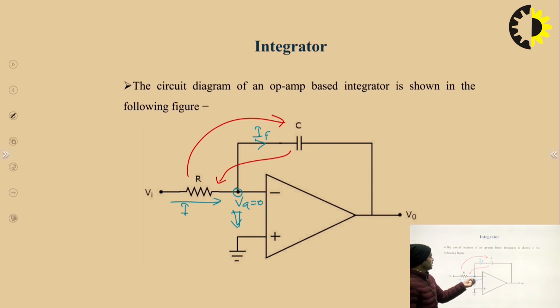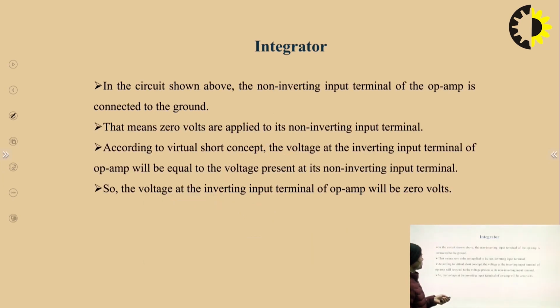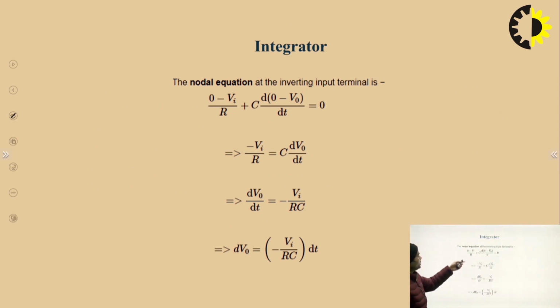So C d(VA minus V0), where VA is equal to 0 and V0 is the voltage applied across the capacitor. So this is the equation which we will get at the output: C dV0 upon dt is equal to minus VI upon R.